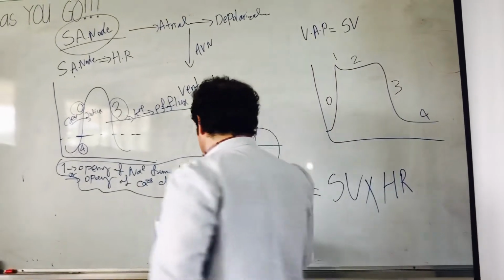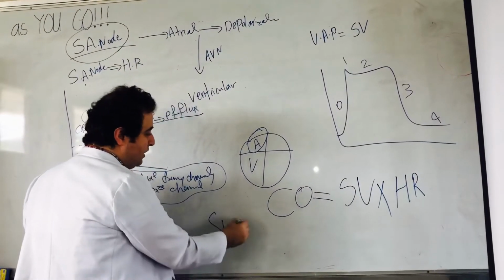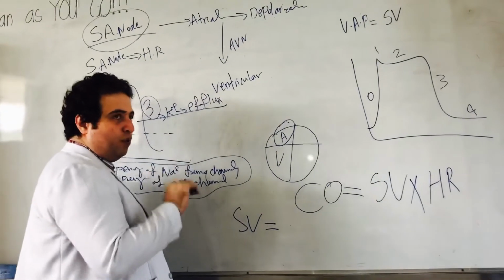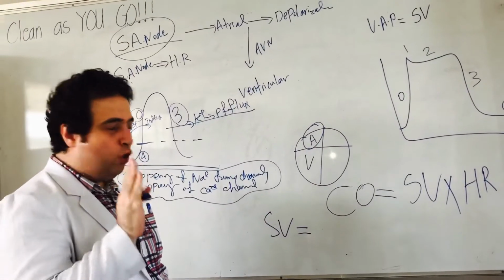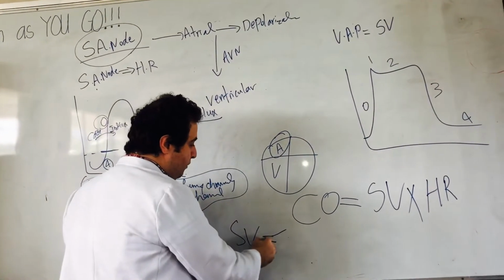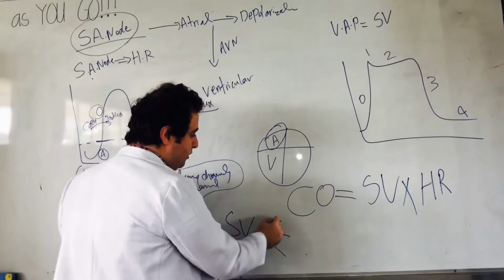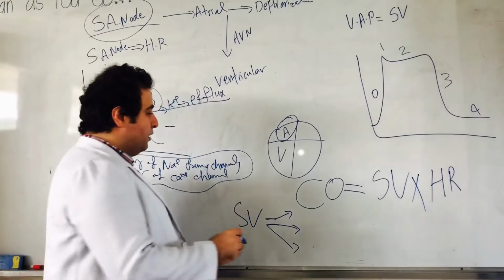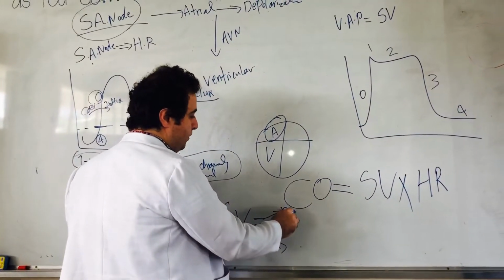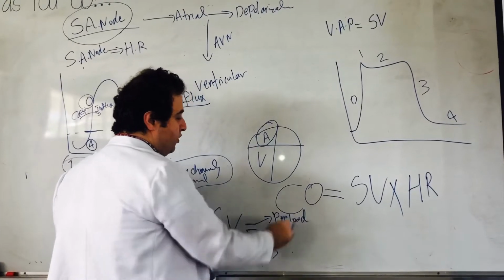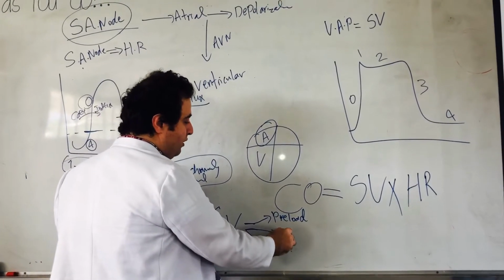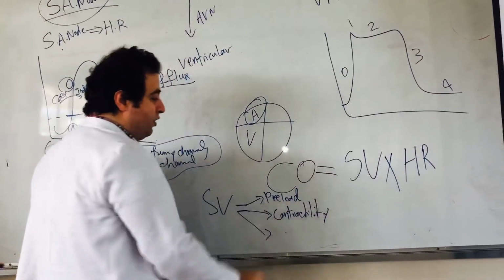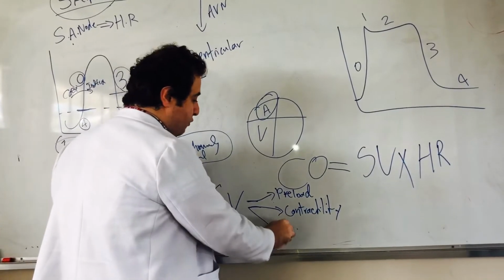So stroke volume itself is dependent on 3 important factors. The first important factor for stroke volume is preload. The second is contractility. And the third is afterload.